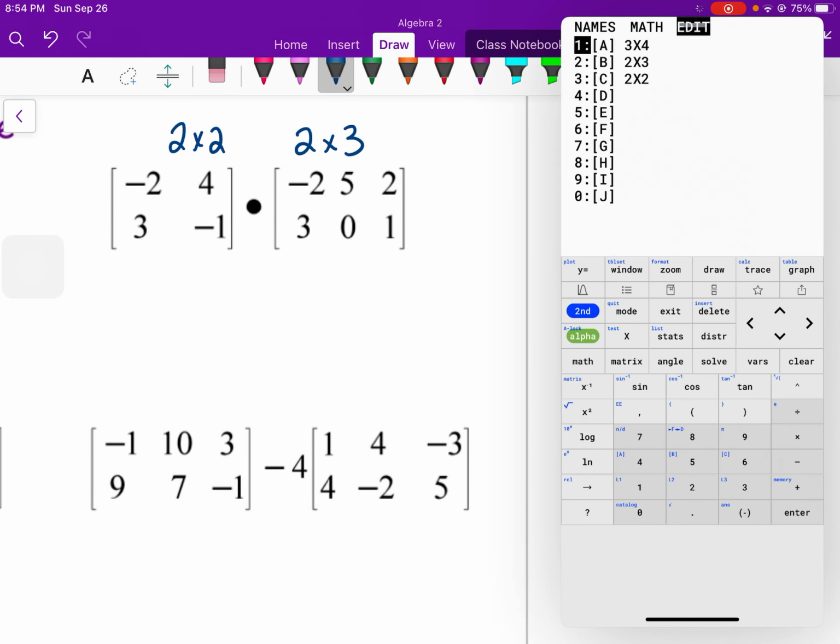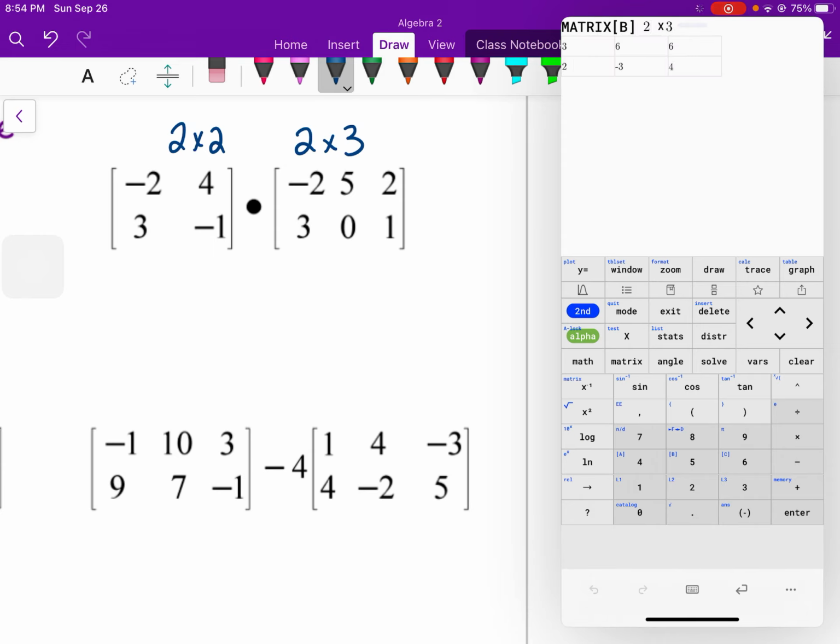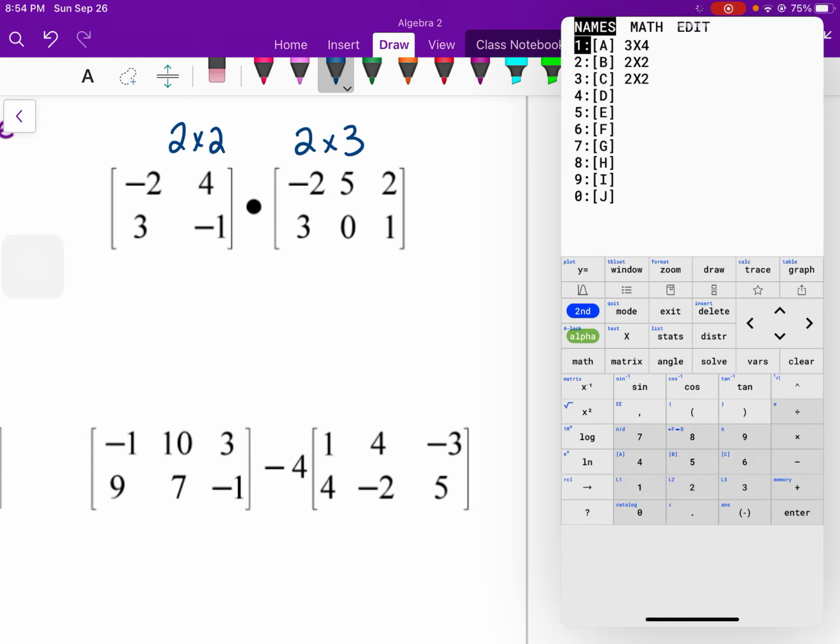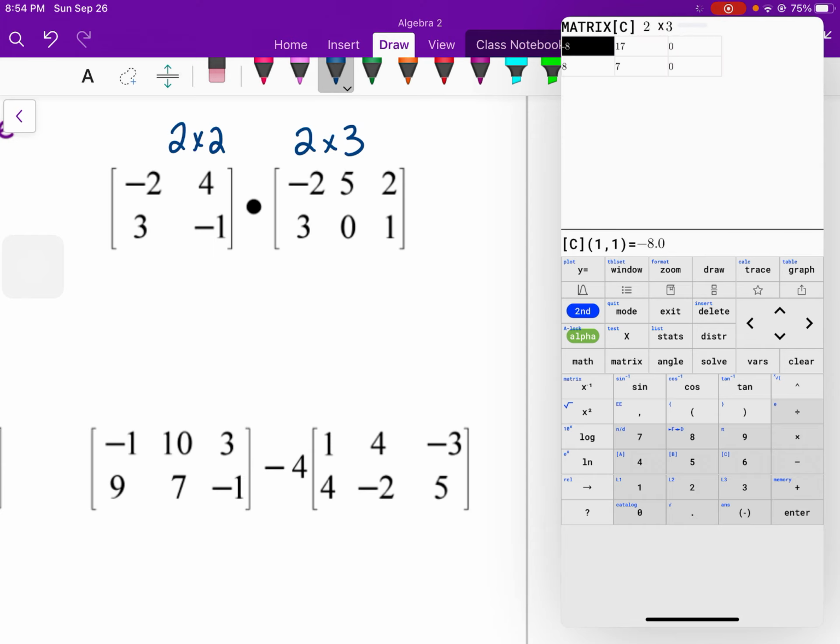You could type in matrix, go over to edit, do matrix B is your 2 by 2, put in your values, -2, 4, 3, and -1. And then go back to matrix and edit matrix C to be your 2 by 3 matrix and put in those numbers, 5, 2, 3, 0, and 1.